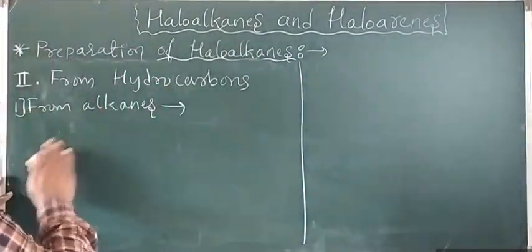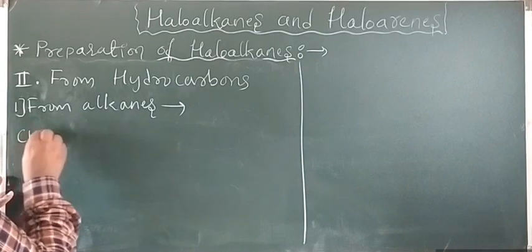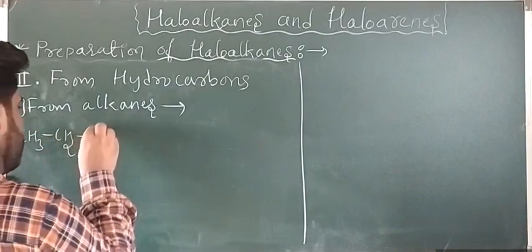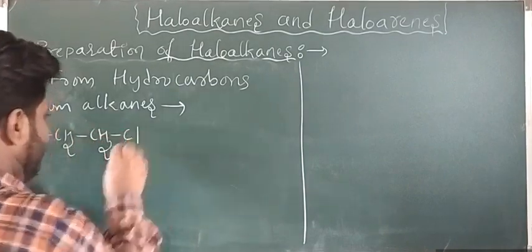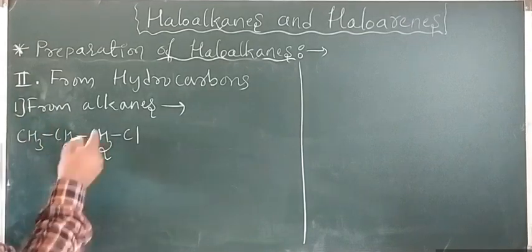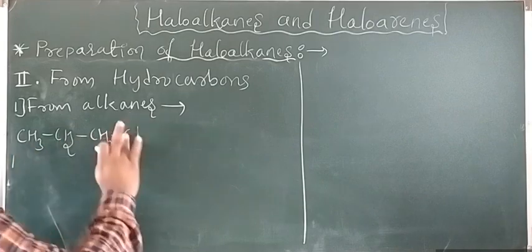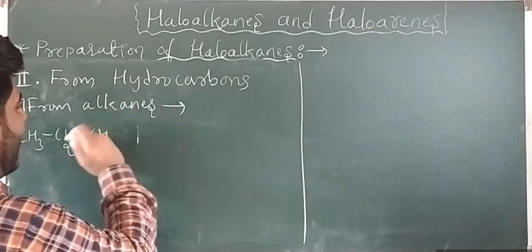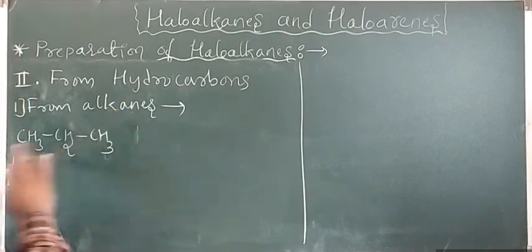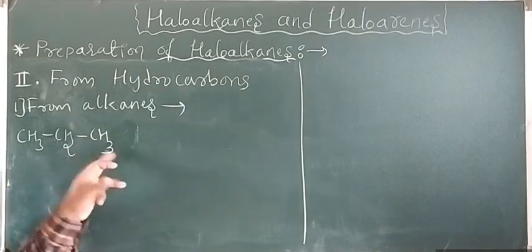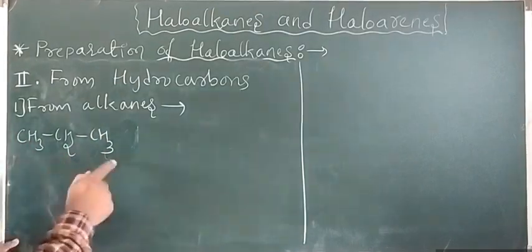Look here. For example, I will take CH3CH2CH2Cl. What is the name of this one? 1, 2, 3. 3 carbons, 1 chlorine. 1-chloropropane. Yes. But do not take chloropropane, just take the alkane. CH3CH2CH3. So this is propane.